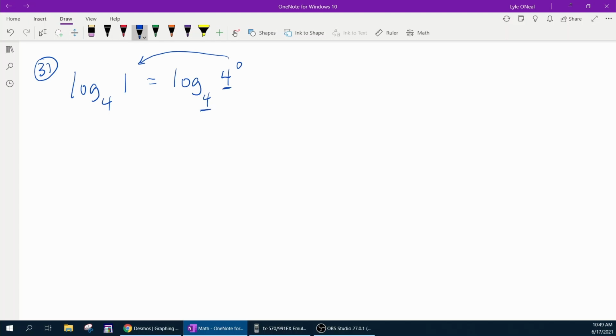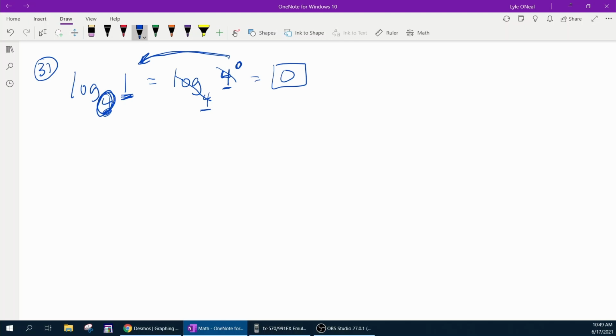And now the bases match. Since the bases match, they cancel, and the exponent is the answer. So if you're wondering why the log of any base of 1 is 0, this is why. Because no matter what the base is, it can be written as the base to the 0 power, and it will be equivalent to 1.